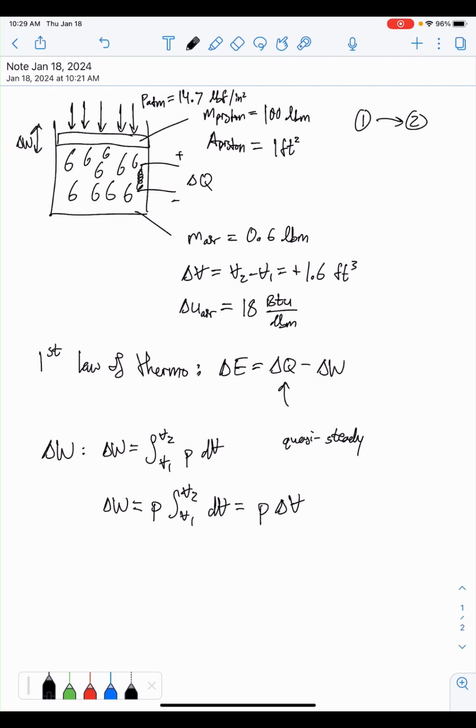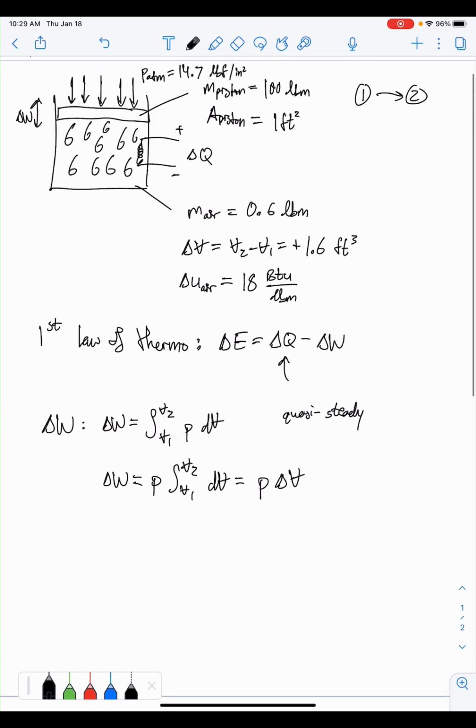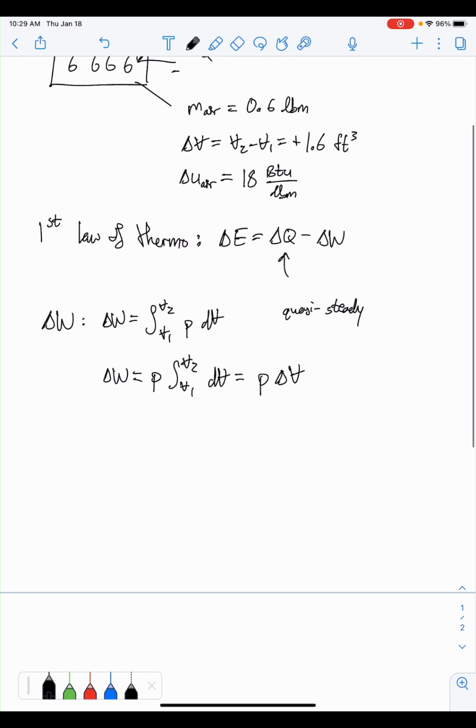All right, so we have delta V, but we don't have the pressure term. That's what we gotta solve for. There's many different ways to solve for this P term. One example would be the polytropic formula, and that might show up in the quiz. But at least for this case, we'll be using the approach of a free body diagram.